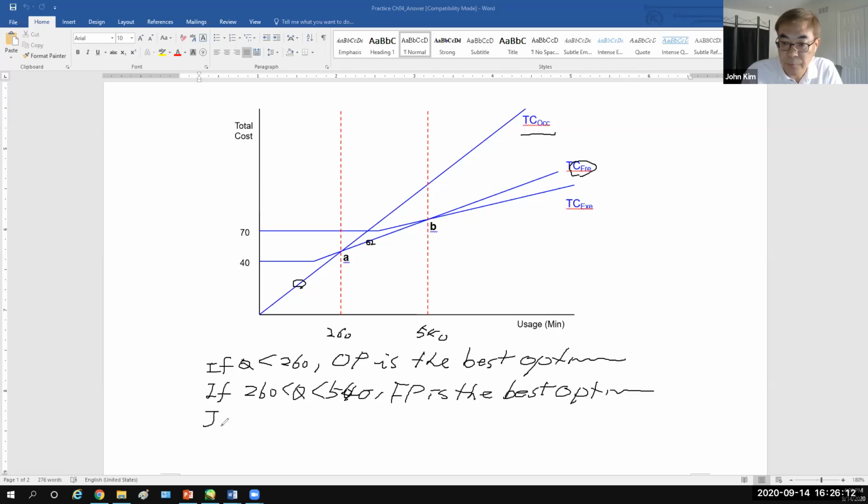Then if Q is greater than 540, then among three, this one is the lowest. So executive plan is the best option.